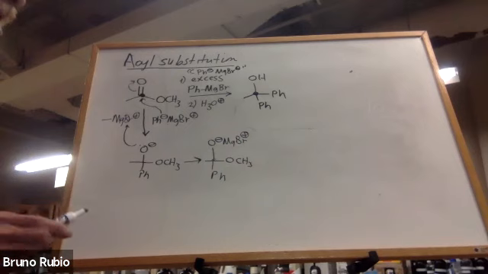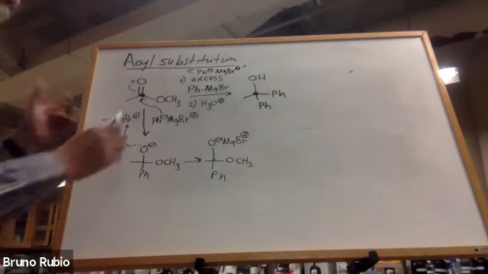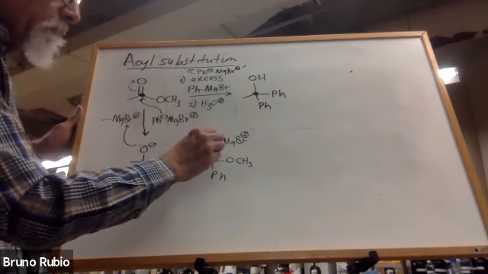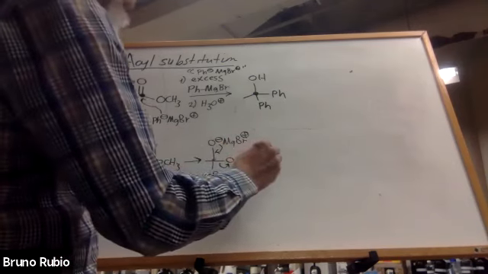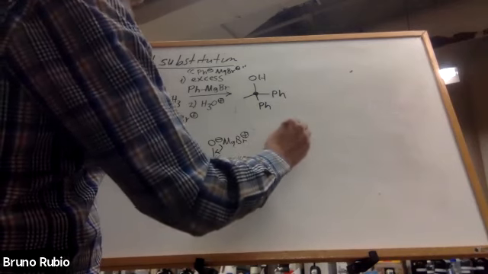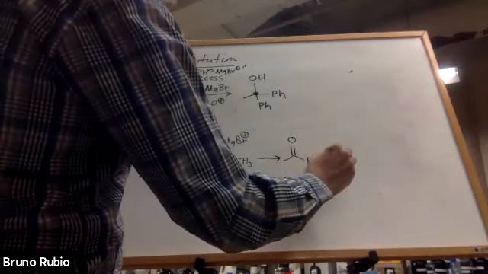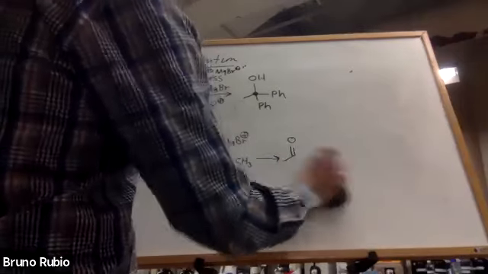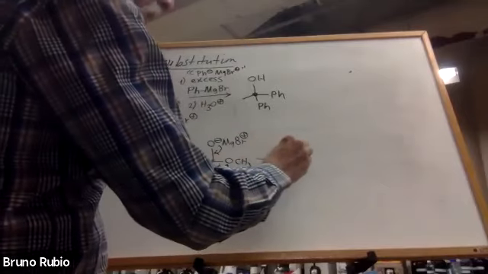Okay, so now the nucleophile is in. Now the leaving group, the thing that's not carbon and not hydrogen, goes away. So that functions as a leaving group. And we get that plus C. Okay, I don't need this guy anymore, so I'm just going to write him underneath the arrow here.